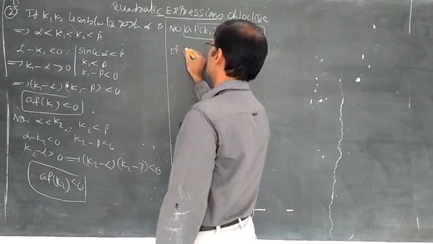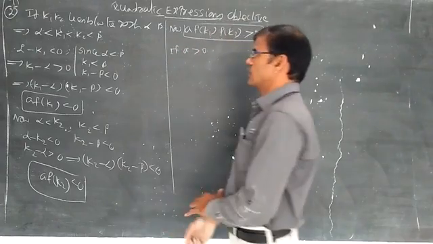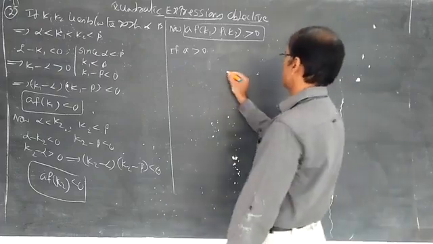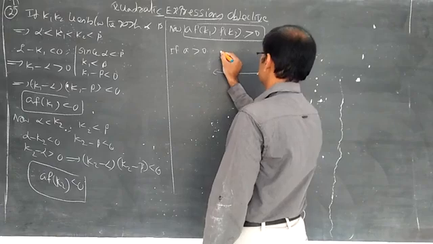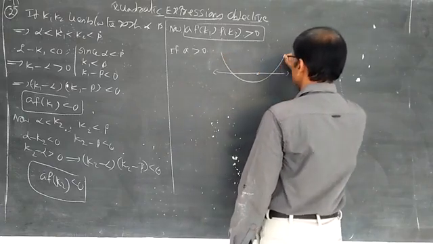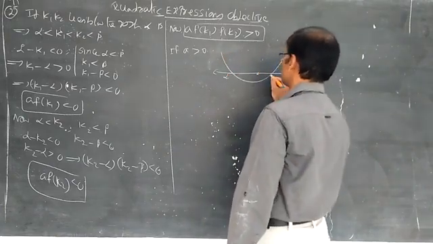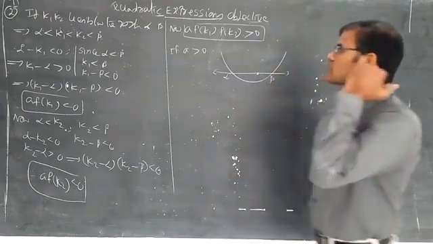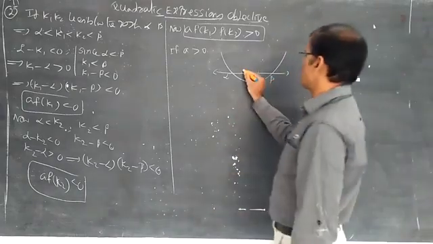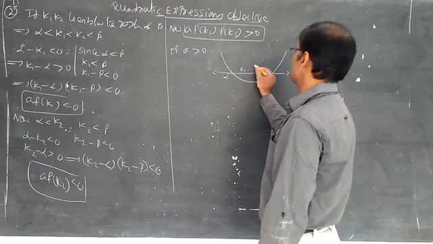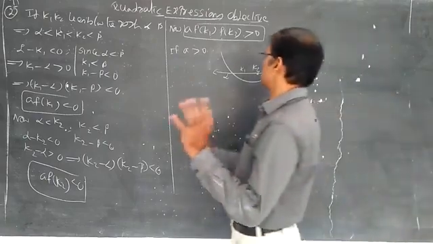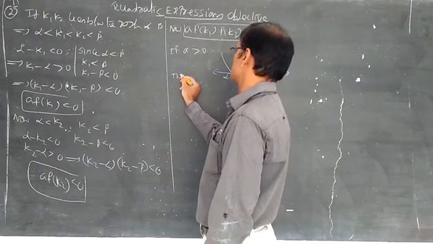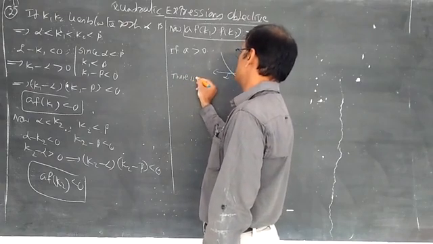Whenever a is greater than 0, the graph is an upward parabola. Draw like this. Here put alpha, put beta. Now k1 and k2 lie between alpha and beta. Where the vertex exists, we cannot say. That is why there is no relation with minus b by 2a. That I am also writing: there is no relation.